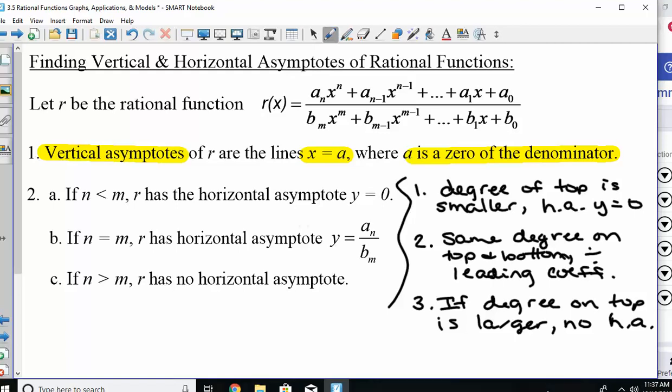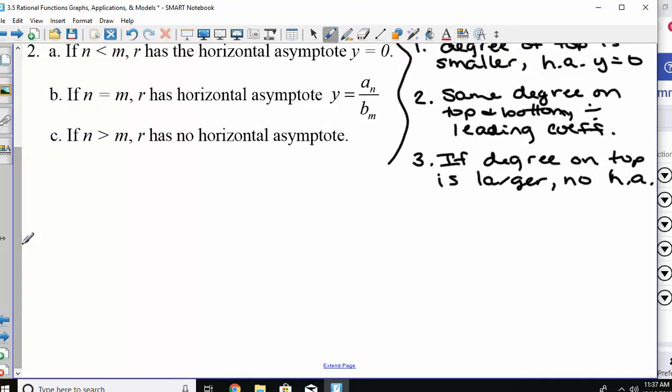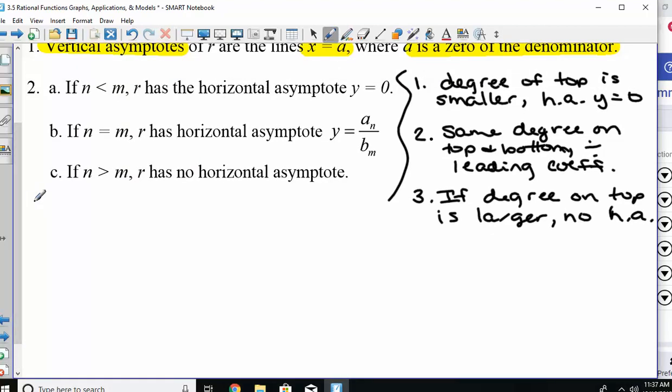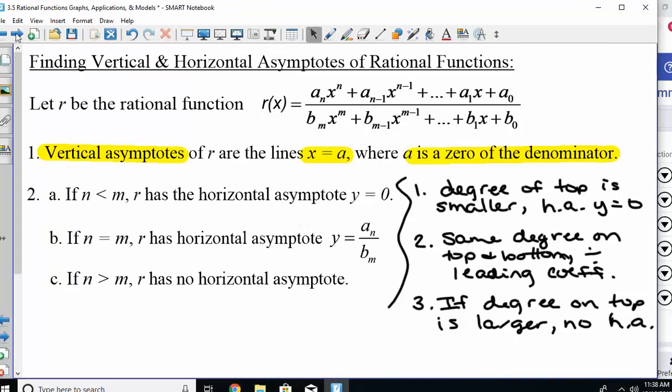So, 3 cases. If the degree of the top is smaller, it's always 0. If it's the same degree on top and bottom, divide leading coefficients. And if the degree on top is bigger, then you don't have a horizontal asymptote. And then I'll move on to the horizontal once we have the vertical down.